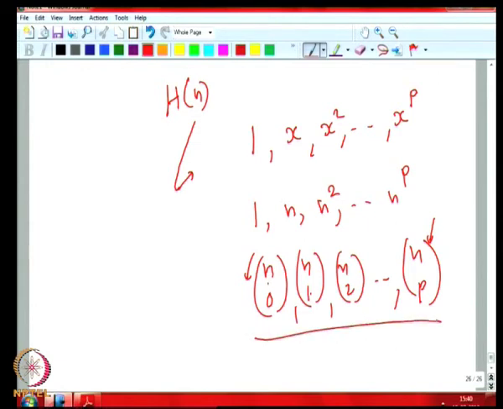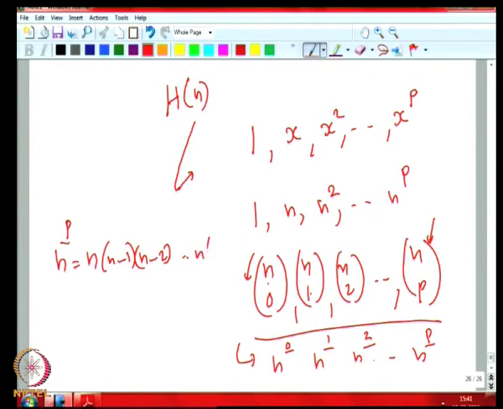This also forms a basis for h of n, and naturally you can simplify this and say n falling factorial 0, which is a constant, n falling factorial 1, n falling factorial 2, up to n falling factorial p. I hope you recall the definition of falling factorials. When I say n falling factorial p, I mean n times n minus 1, n minus 2, up to n minus p plus 1.